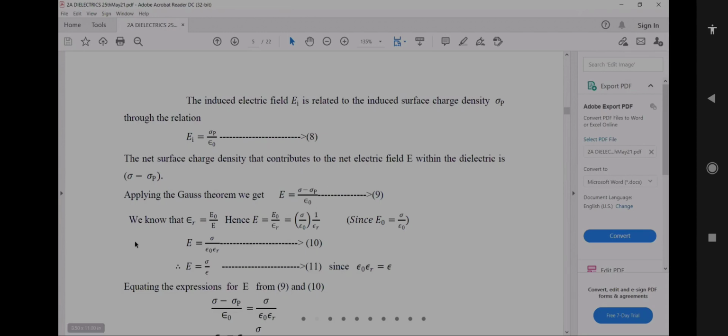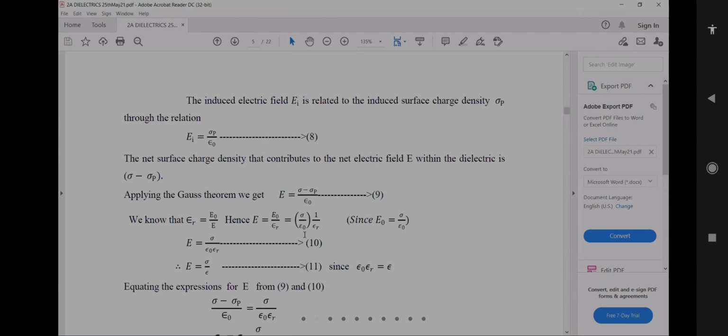Then we know that epsilon_r is the dielectric constant or relative permittivity, that is epsilon_r is equal to E naught by E. Hence E is equal to E naught by epsilon_r.